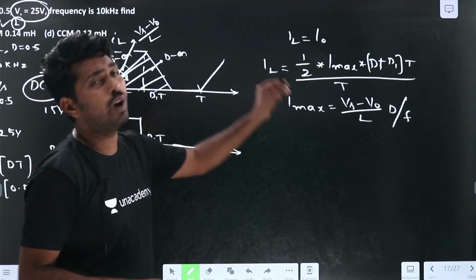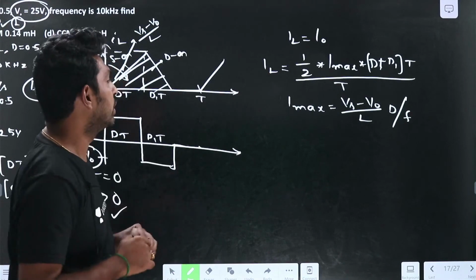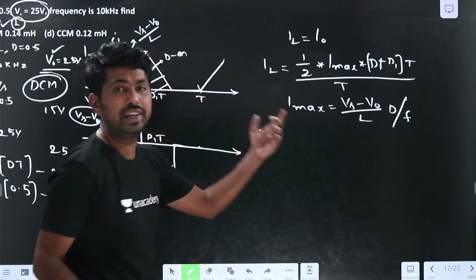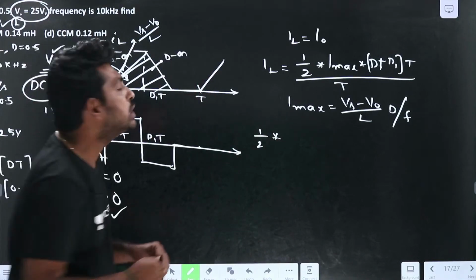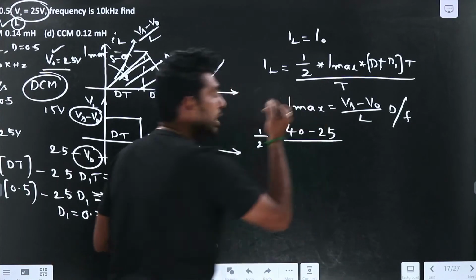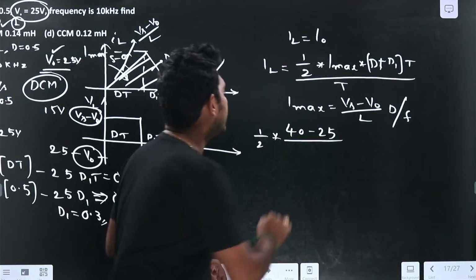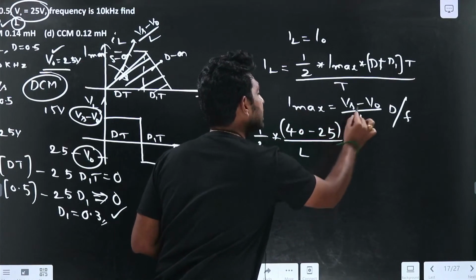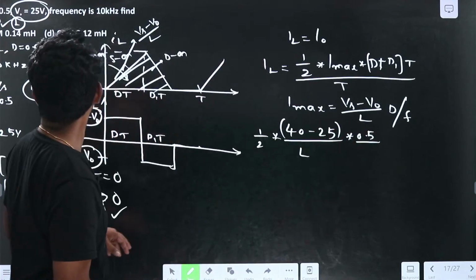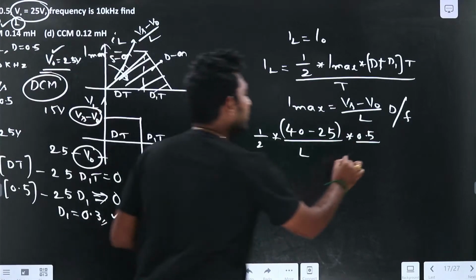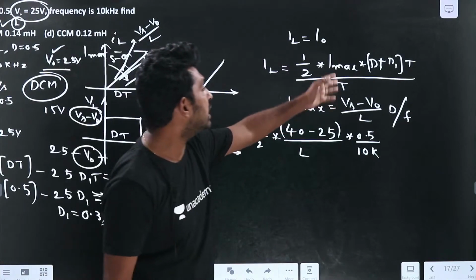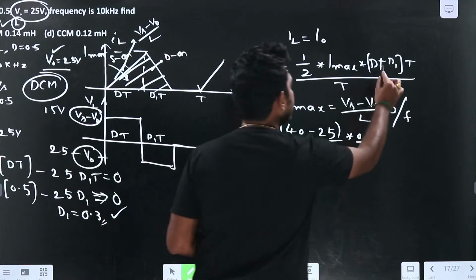If I substitute all this, I get 1 by 2 into I max equal to Vs minus V naught, where Vs is 40 and V naught is 25, divided by L into f. The duty cycle is given as 0.5 and the frequency is given as 10 kHz. From this we have the expression, into D plus D1.